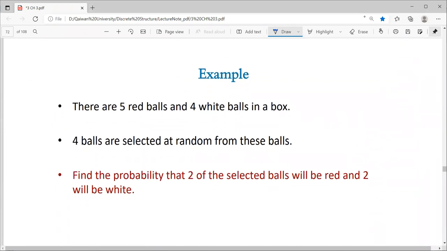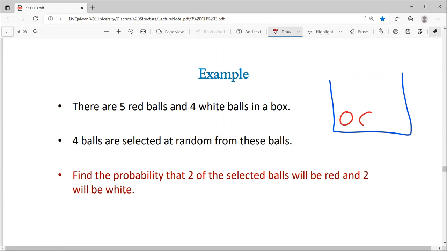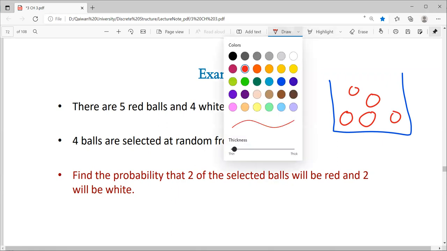In this example, it says there are 5 red balls and 4 white balls in a box. Here we have a box, and we have 5 red balls: 1, 2, let's say 3, 4, 5, and 4 white balls.